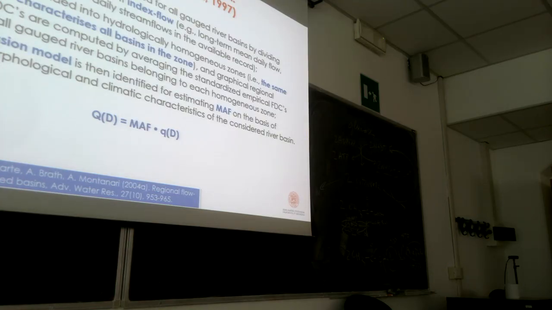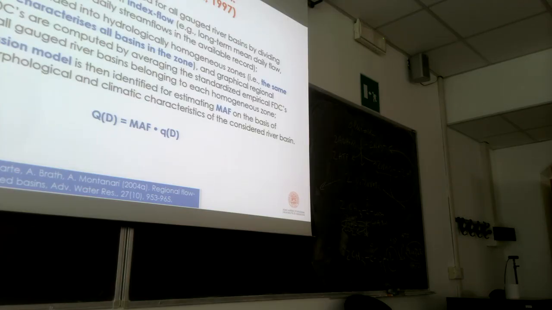This becomes Q star divided by MAF, and this is the same. MAF. Did you understand what MAF is? I'll try to be even clearer about MAF. It's very important. It's our index flow. Let's say the identity card, the signature of a given site, because this term instead is regional, as a regional value. How do you retrieve MAF?